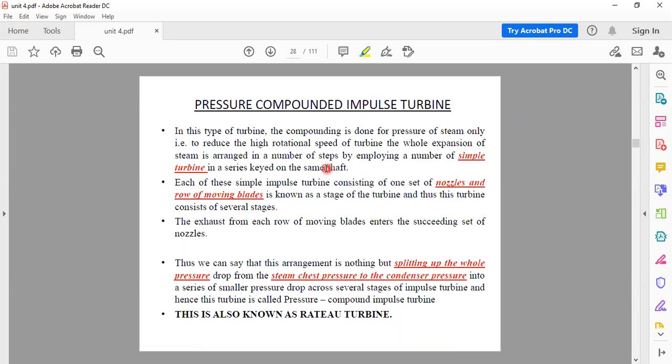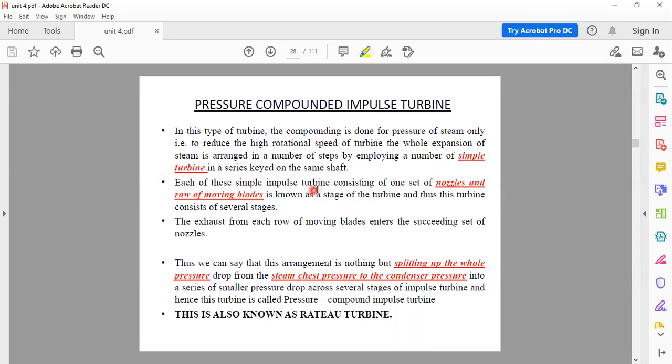Now, pressure compounding. In this type of turbine, the compounding is done for the pressure of steam only, that is, to reduce the high rotational speed of the turbine. The whole expansion of the steam is arranged in a number of steps by employing a number of simple turbines in series on the same shaft.